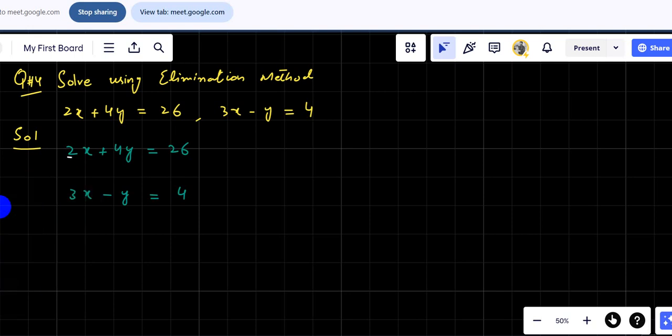Yeah, divide by 2. So the new equation will be x plus 2y equals 13, and this is equation 1. Can I simplify the second equation? No. Perfect. So now how to solve this?